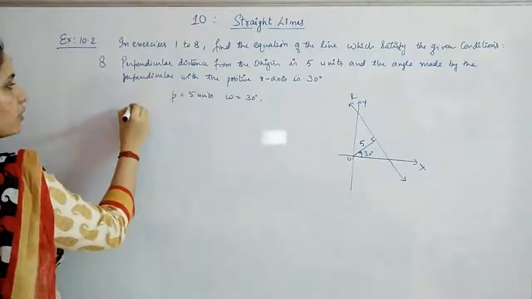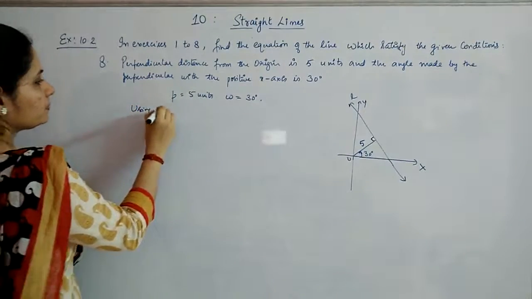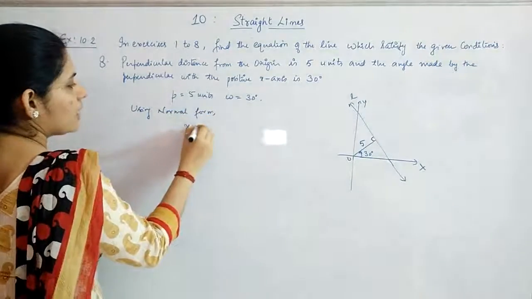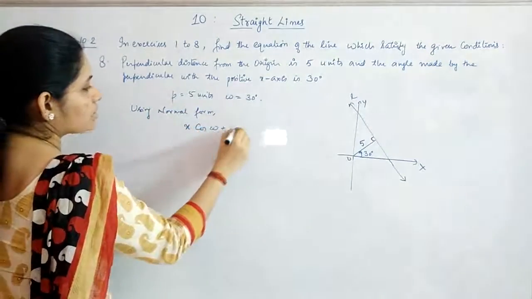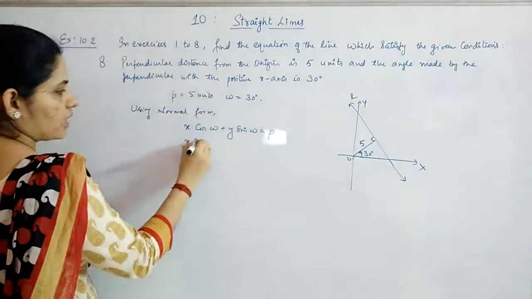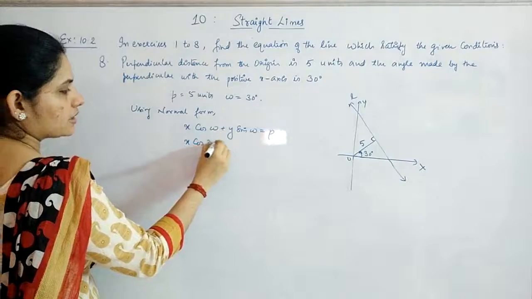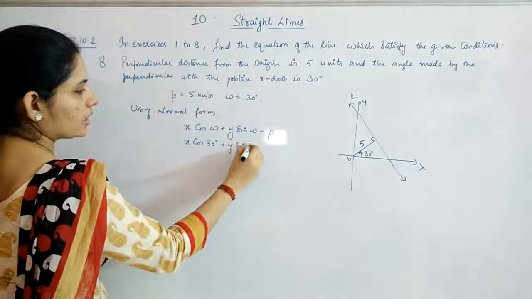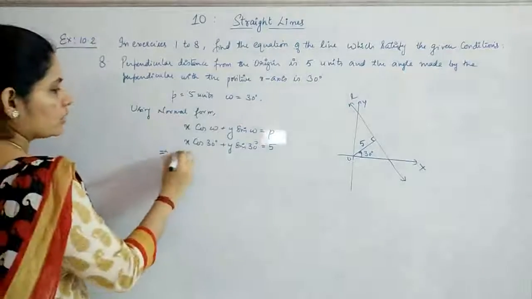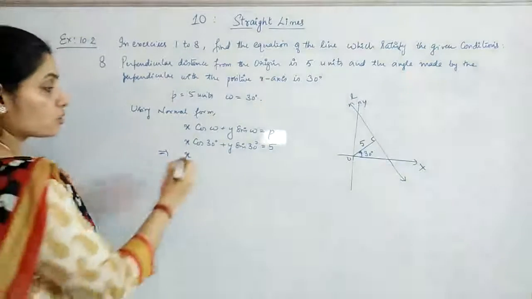Now what is normal form? Using normal form, you have x cos omega plus y sin omega is equal to P. Here you have x cos omega is 30 degree plus y sin omega again 30 degree is equal to 5. Okay. Now what is cos 30 degree? It is root 3 by 2.